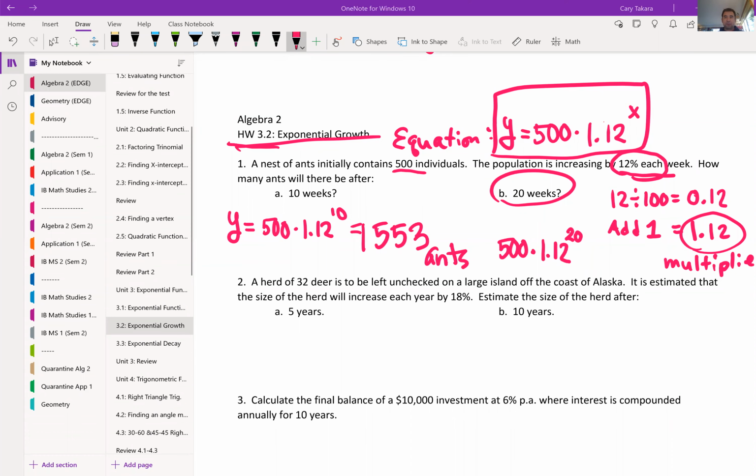It will be 4,823 ants. Yeah, very good. You've got it, Hope. Let's try another one. Okay, we'll just keep going.